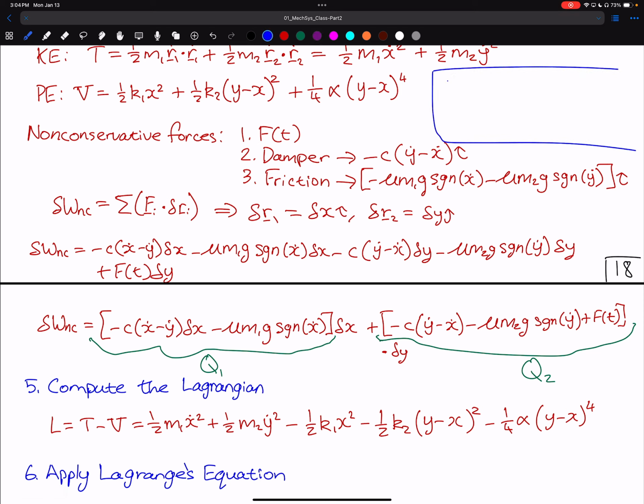If the force by some spring is equal to alpha times x to the n, where n is some integer, let's say. If n is not an integer, then it's a different discussion. Then the potential energy is going to be equal to alpha over n plus 1 times x to the n plus 1. That will be the potential energy of that spring.